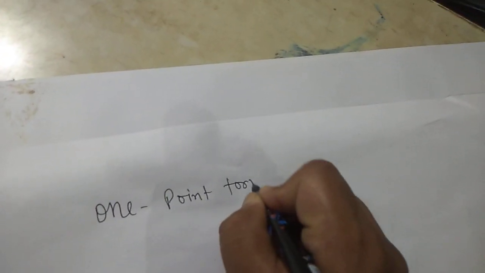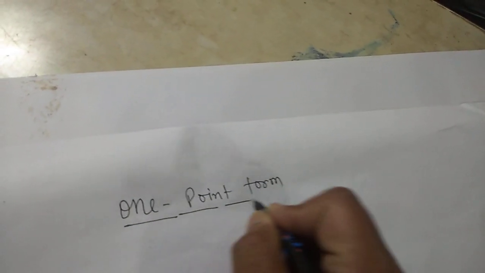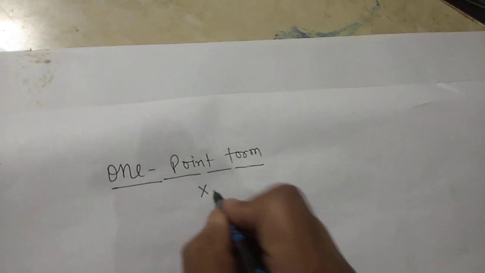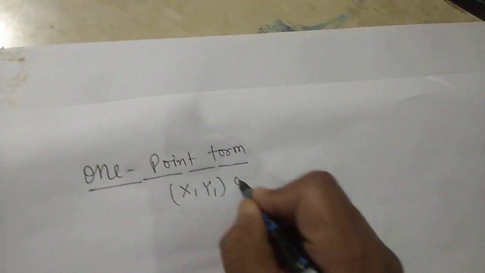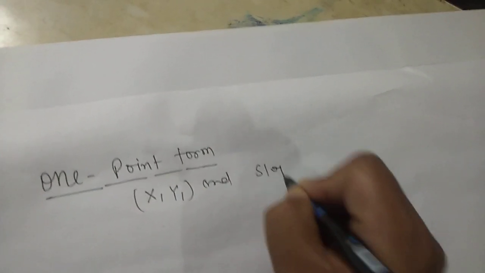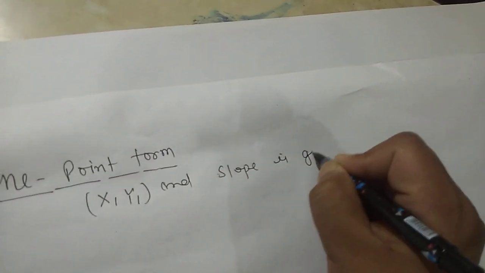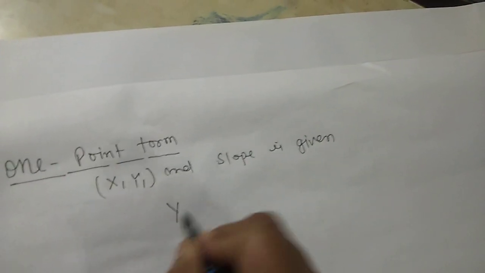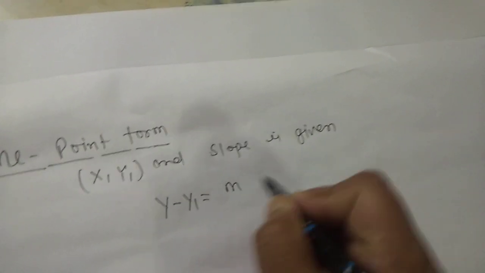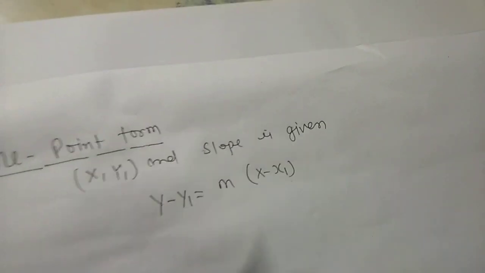Now quickly I am going to the different forms of a line. Now the one-point form: (x1, y1) and slope are given. The equation is y minus y1 equals m times x minus x1.